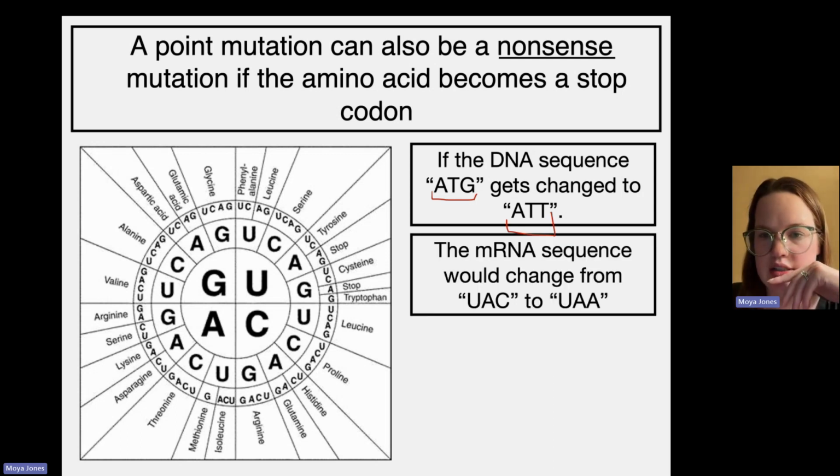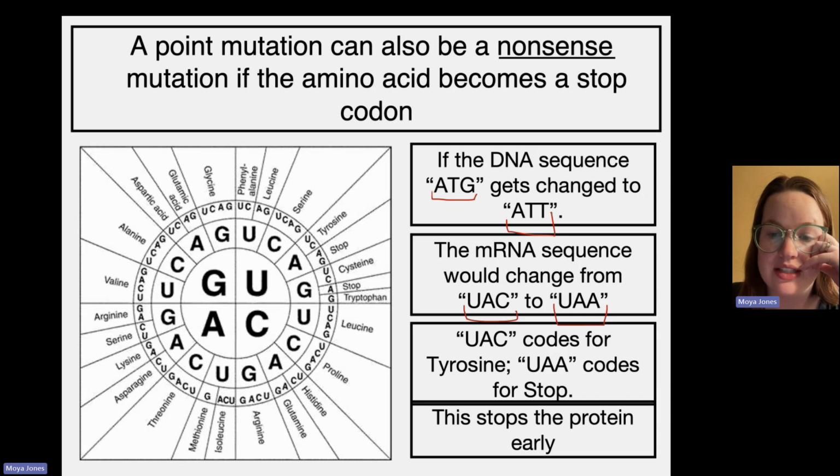Remember, we still have to turn this into mRNA. So the mRNA would have originally coded for AUC. AUC codes for tyrosine, but it got changed into UAA. UAA codes for stop, and this will cause the protein to stop early, and therefore it's going to be very different from what it was originally supposed to be. That is a nonsense mutation.